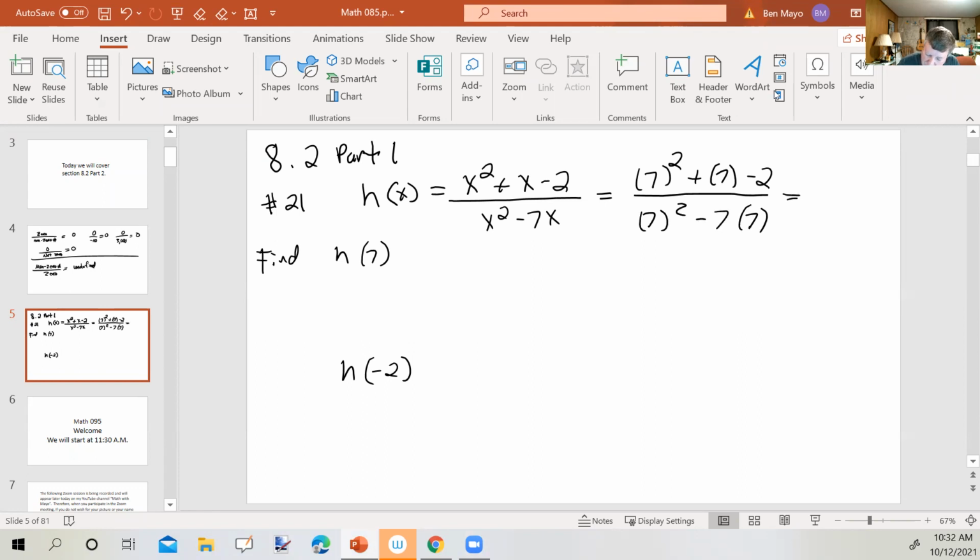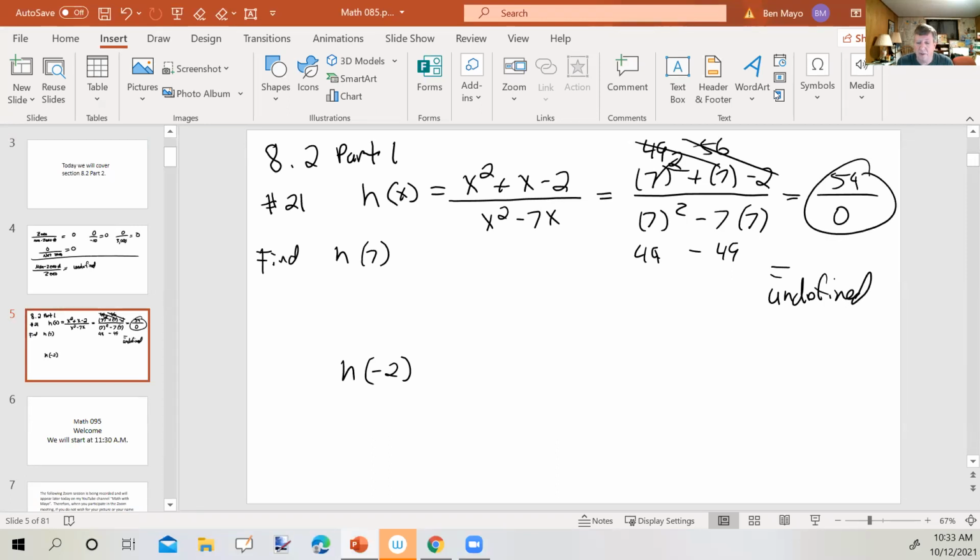Let's see. 7 squared is what? 49. 49 plus 7 is 56. 56 minus 2 is 54. 7 squared is 49 minus 7 times 7, 49, 0. 54 divided by 0 equals undefined. Now, the student that requested this actually wrote that answer, but that's not the final answer. Undefined is the final answer.